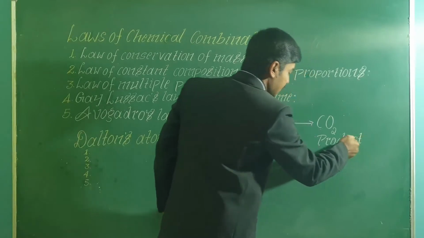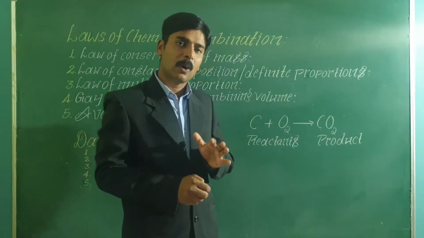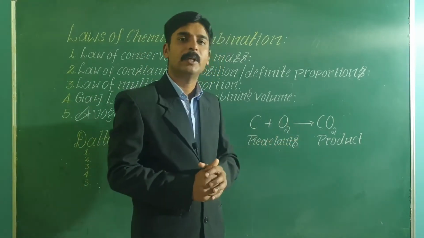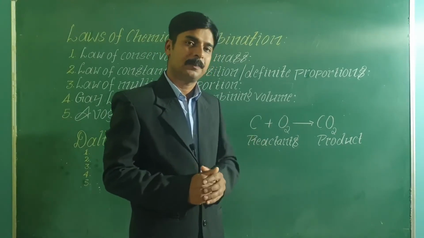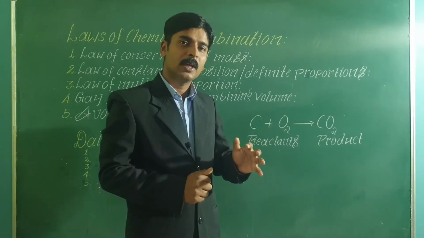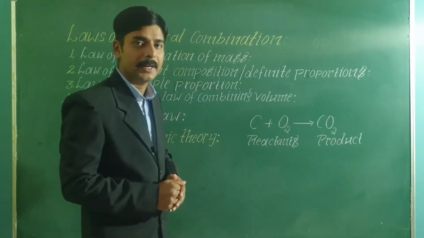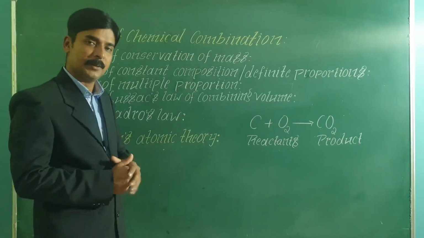By studying various chemical reactions, it was observed that all the chemical reactions take place according to certain laws, and these laws which govern the chemical reactions are called laws of chemical combination.